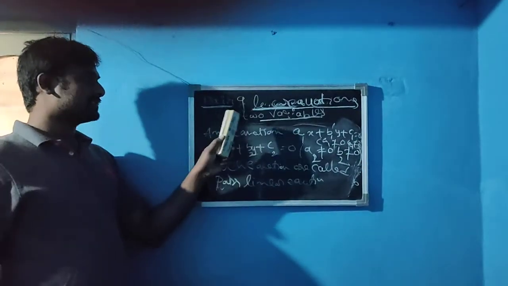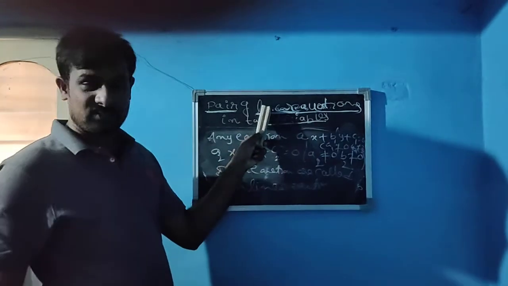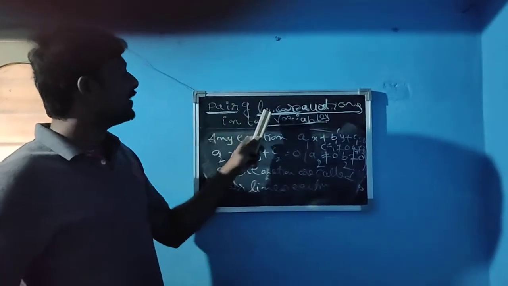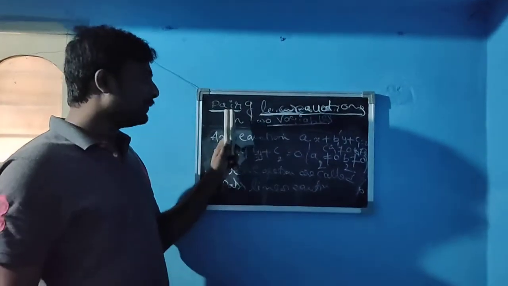Do you understand? First you learn the equation definition. Next, linear equation in one variable, linear equation in two variables. Next, a pair of linear equations, how many variables? Two variables. So this is the main basic part.